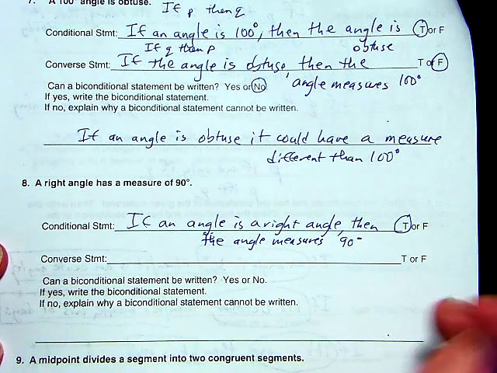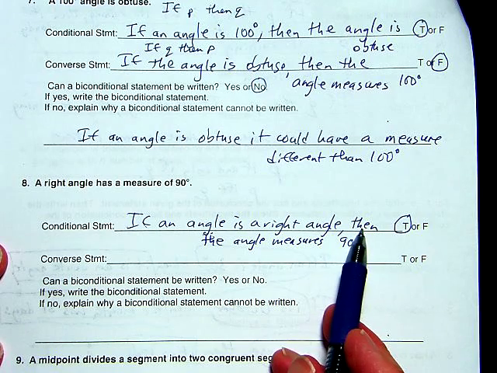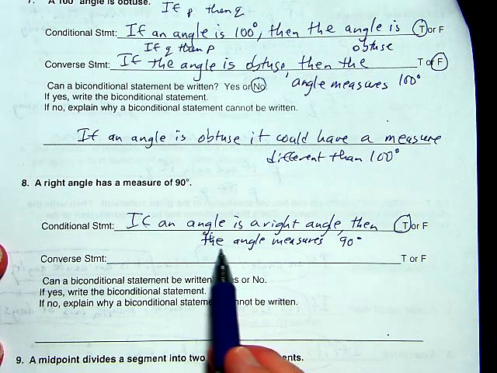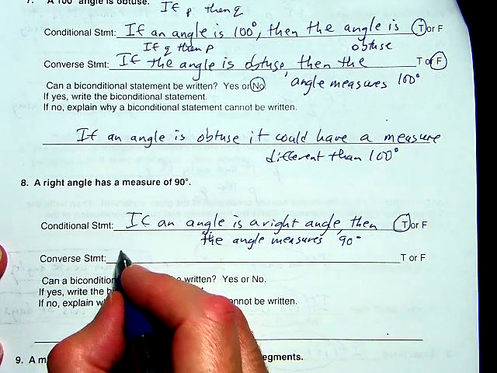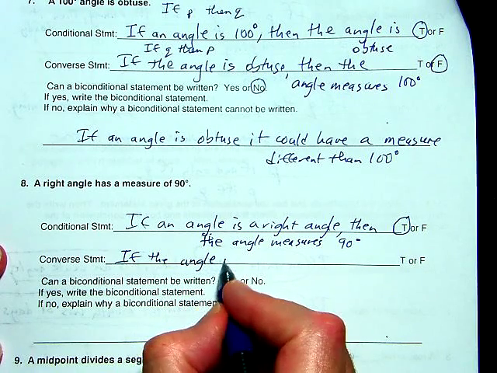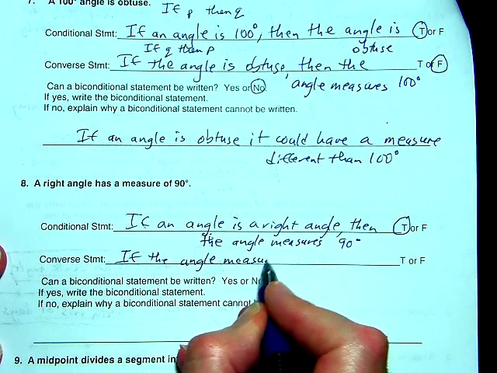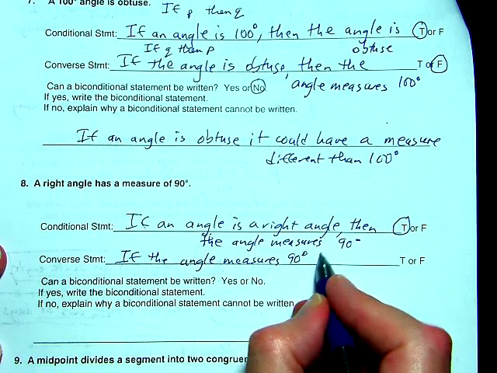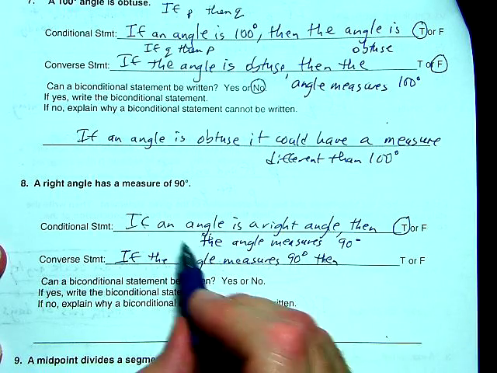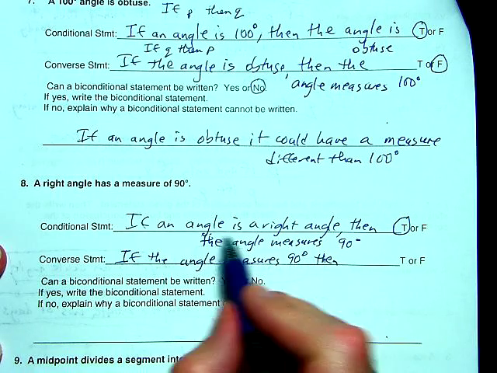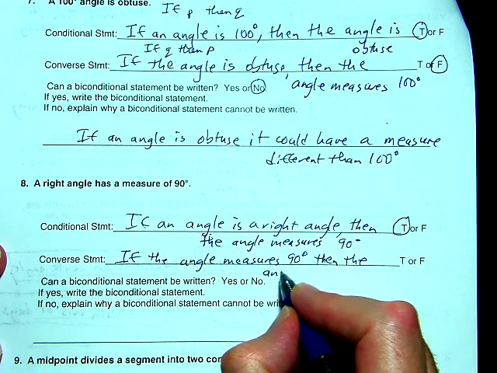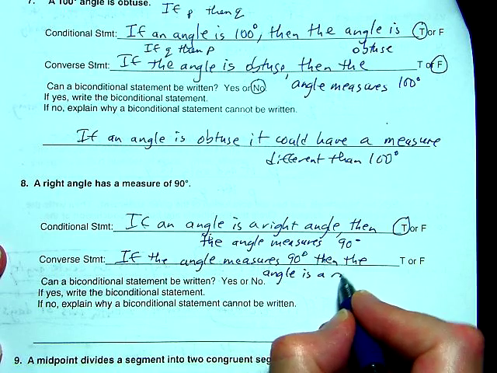The converse now would look at what's coming after the then and put it after the if. So we have if the angle measures 90 degrees. Let's make that our if statement. If the angle measures 90 degrees, then, and we take what's after the if in the first statement and we put that after the then, the angle is a right angle.